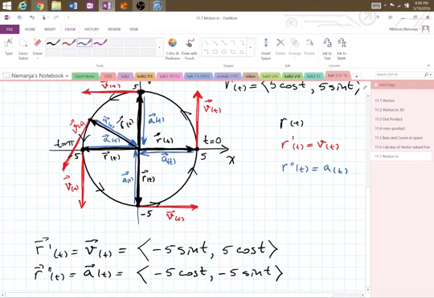Hey, NGID is here. Good. How are you doing? We're calculating the speed right now.